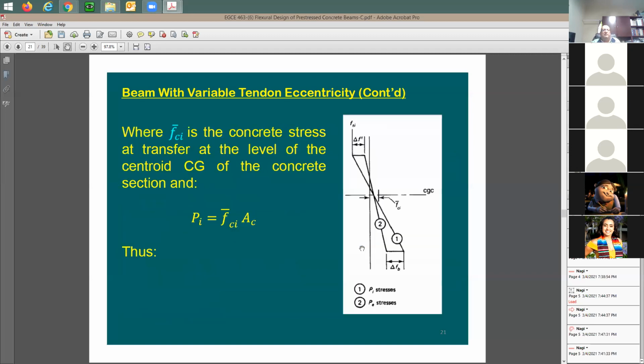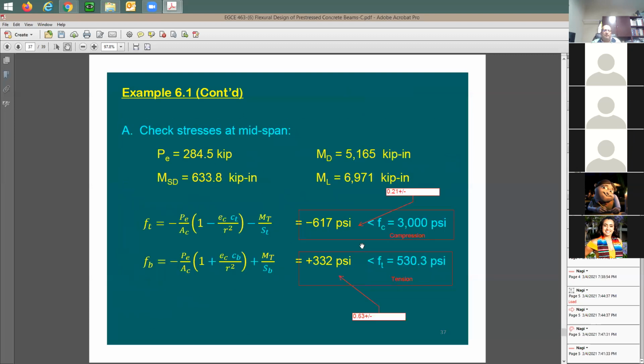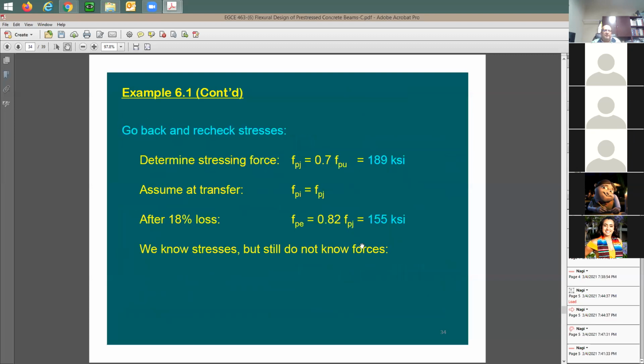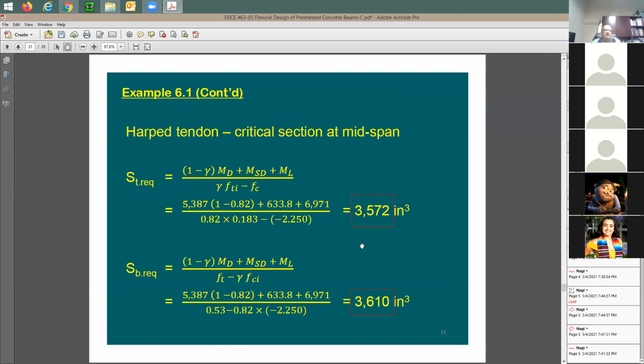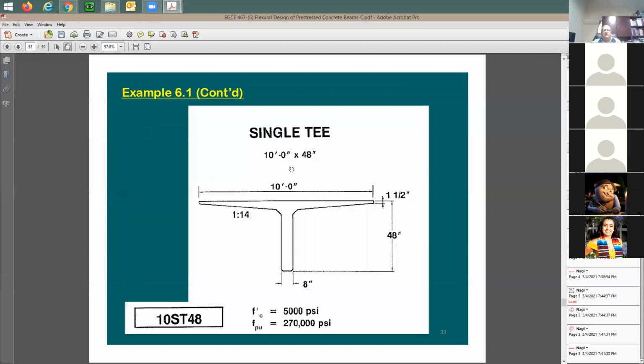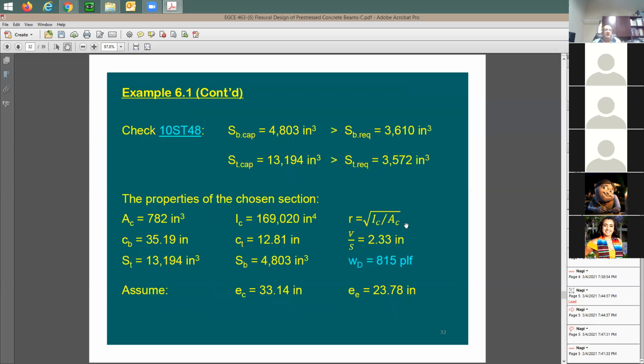And this is exactly what happened in our example. Based on this example, we said that the minimum section modulus, top is going to be this value. Minimum, bottom is going to be this value, right? So we picked these two values. And then we said, let's open the table and look for something good for us. We decided here to go with this section. And we found out that S bottom is going to be in good shape, I mean close.